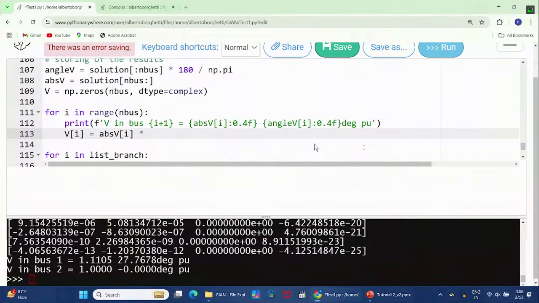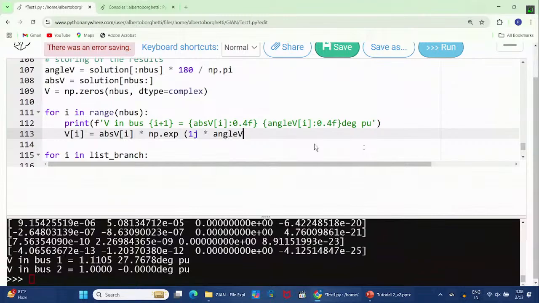It is the modulus multiplied by the exponential function with the exponent j and the angle. So the exponential function is np.exp, and the exponent is 1j multiplied by the angle, so it is angle V.